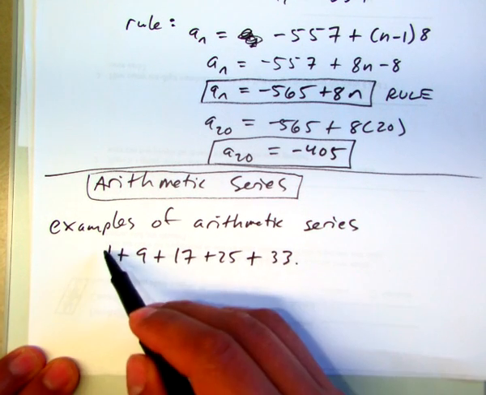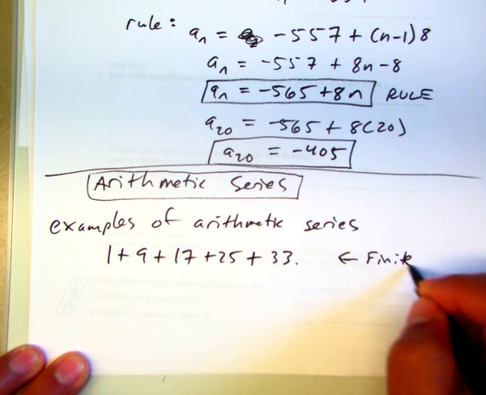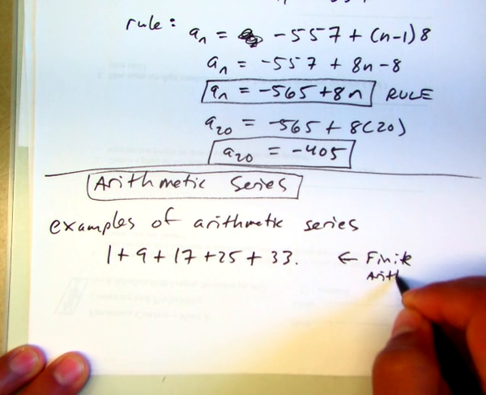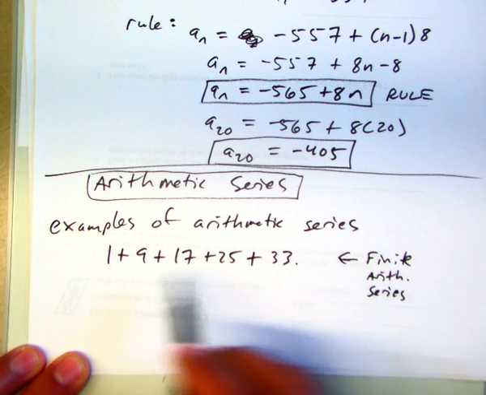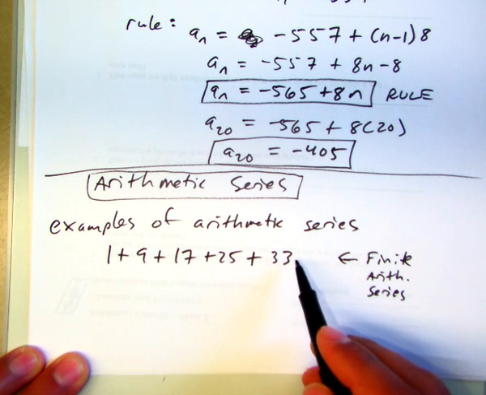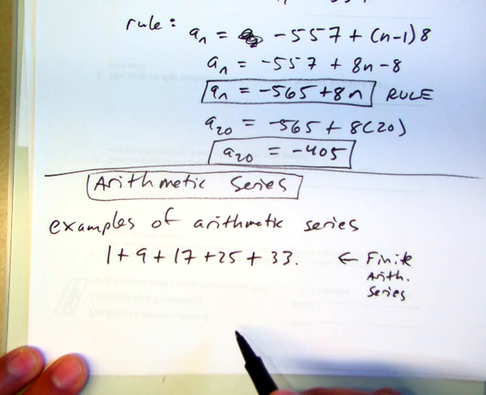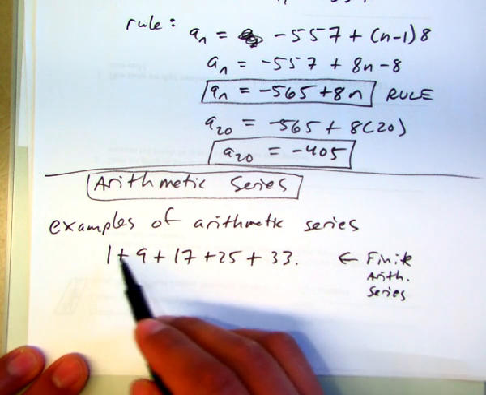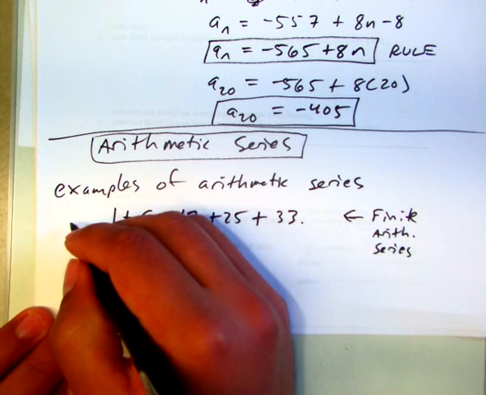This is a finite arithmetic series. Finite because it ends at 33. So we're only adding these 5 terms together. And it's a series because we're adding the 5 terms. Okay, so this is one example.